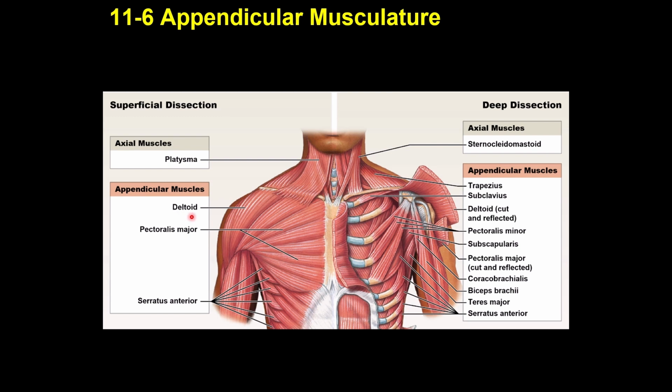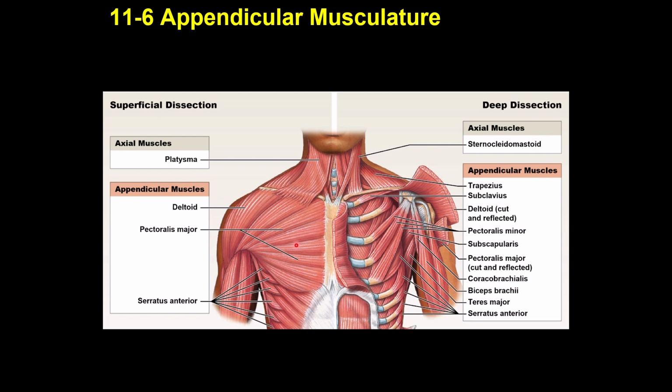For the superficial one, this is the deltoid muscle, and the deltoid muscle is responsible for flexion, abduction, and extension of the shoulder joint. Okay, flexion, extension, and abduction.